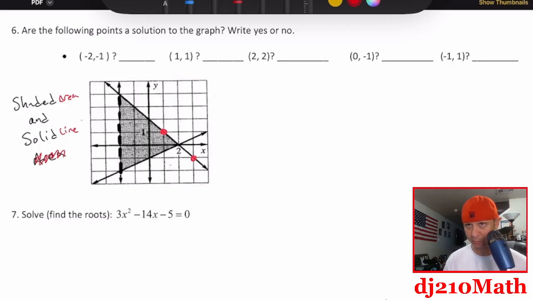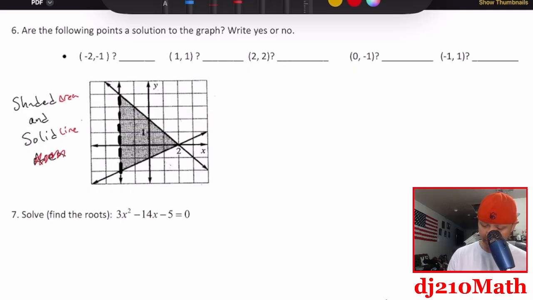Not just one or the other. Well, I'll take that back. If it's in the shaded area, that's good. But that's a solution. But we need if it starts to get on the edge of the shaded area, well, when you're on the edge of the shaded area, it needs to be on a solid line. That's what I'm saying. So dotted line is not a solution. So not on the dotted line.